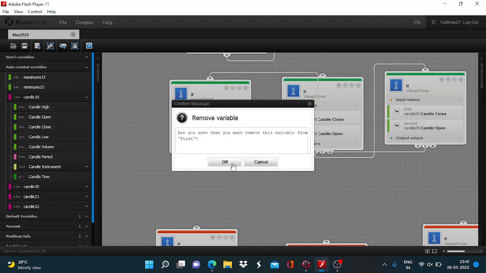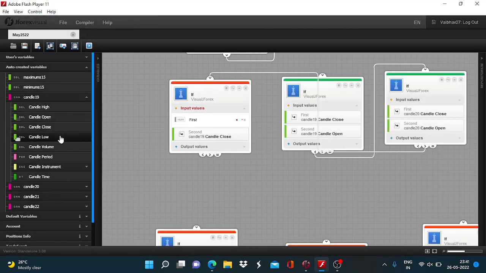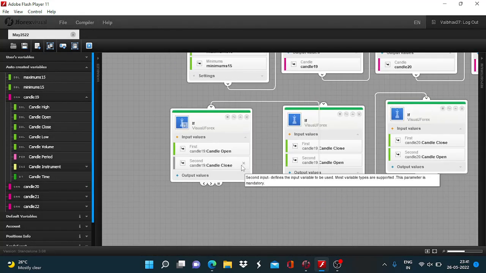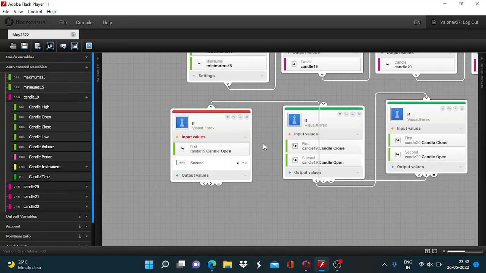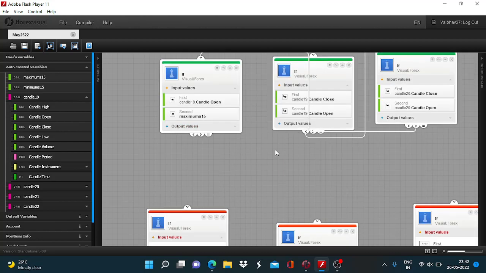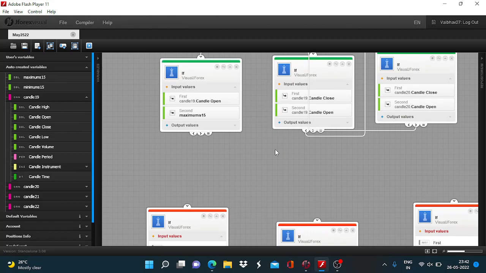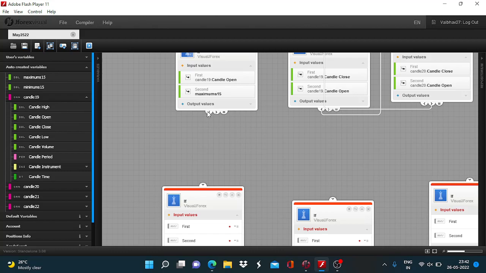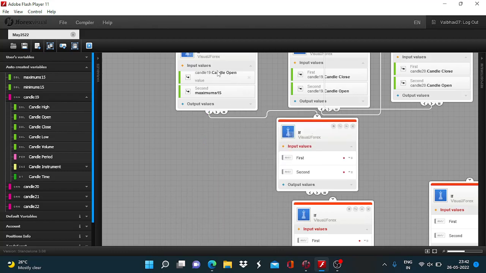Actually, this needs to be opening price. So candle 19 candle open, first input less than maximum 15. Okay. First input less than second input.